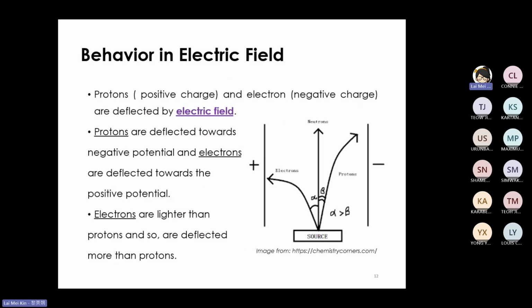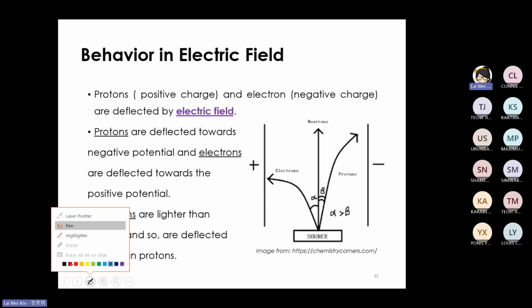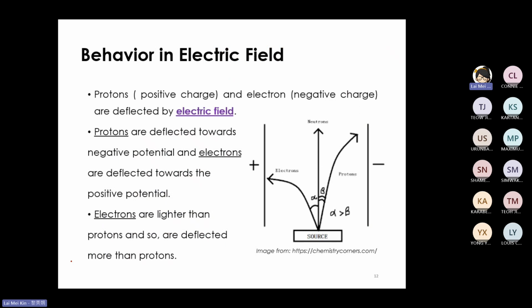All right. If I have an electric field and I put in protons, positive charge, and electrons, negatively charged, we know that opposite charges attract. Just now you mentioned same charges repel, so opposite charges attract. Let's say here is my source.